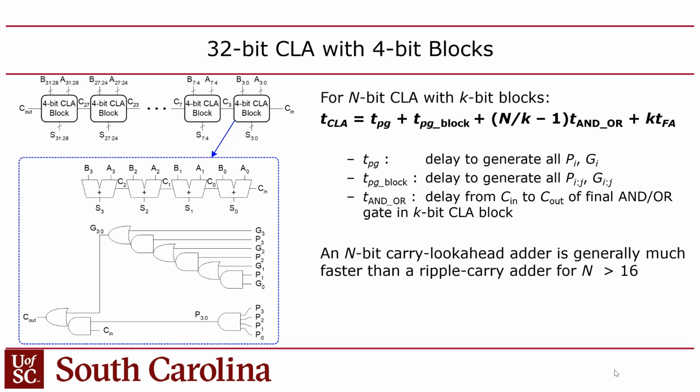However, I do need to get this through these 2 gates, right? And then over to the second block, and then over to the next block, right? So I have to multiply this delay by 7, which is n divided by k, so 32 divided by 4 is 8, minus 1 is 7.